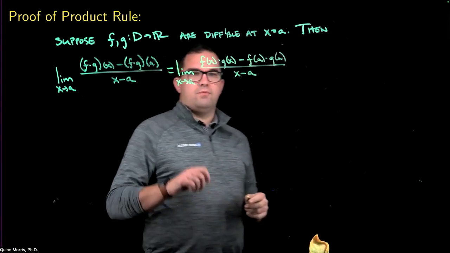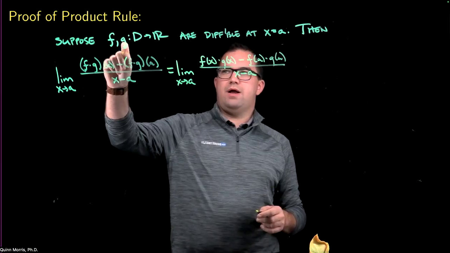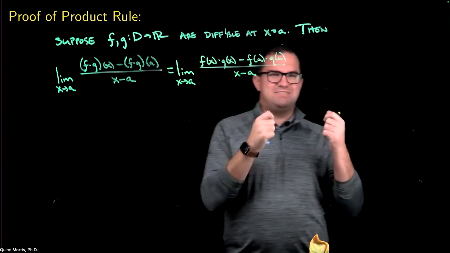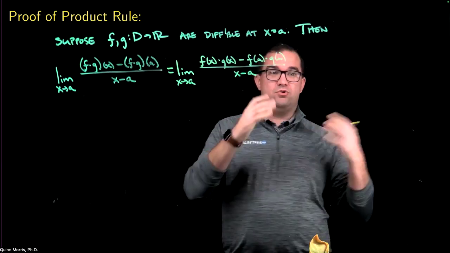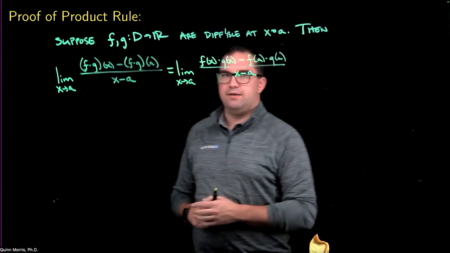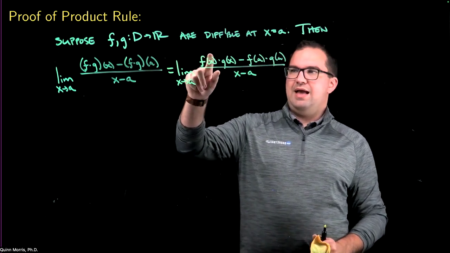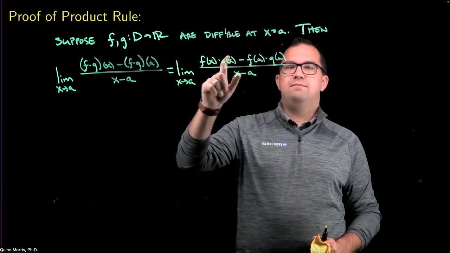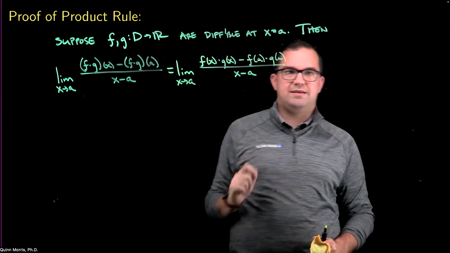Now, remember, my hypothesis here is that f and g are differentiable. So somehow I need to get something in here that looks like the derivative of f and/or the derivative of g. Now the problem I have right now is that the x value in the f function is changing from x to a, and at the same time the x value in the g function is changing from x to a.